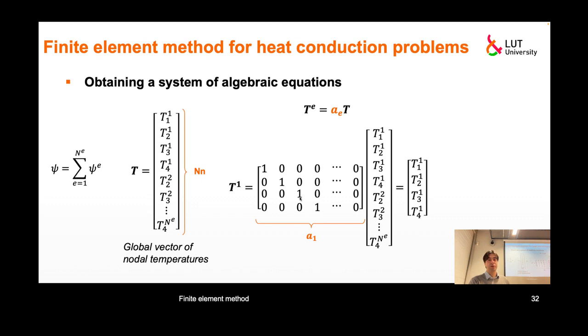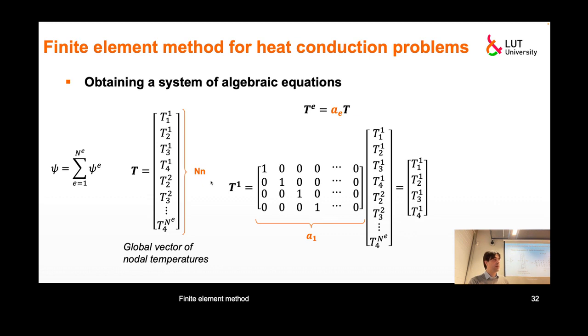And I put unity on the diagonal here, and everything else is 0. And if you calculate the product of this matrix and this column, you will see that it's just a column of 4 values, exactly the nodal temperatures.